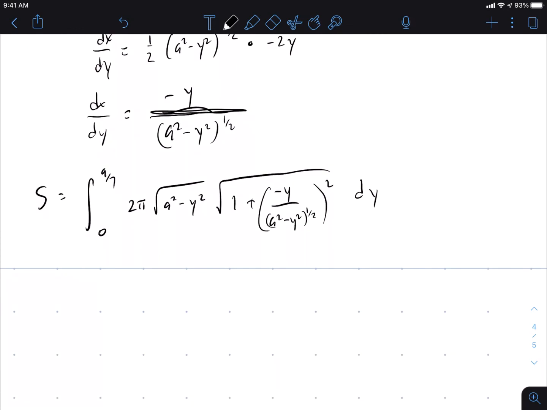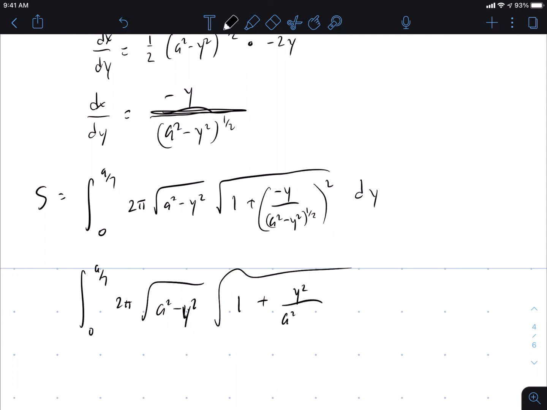So now we got to do the algebra, right? So integral from 0 to a over 7 of 2 pi root a squared minus y squared times 1 plus y squared over a squared minus y squared dy. Yes?